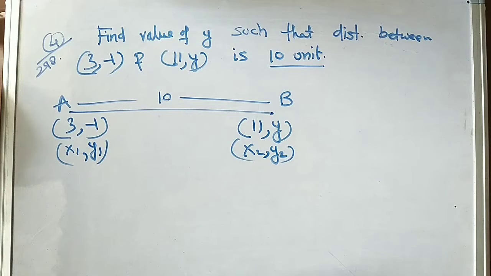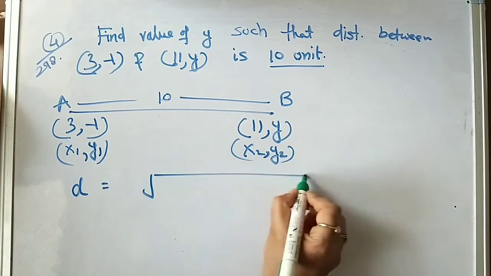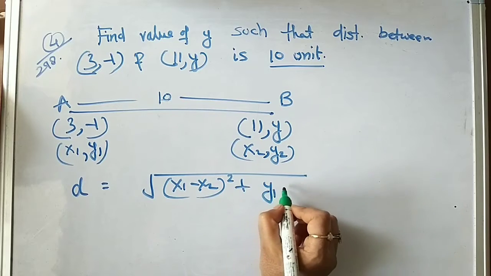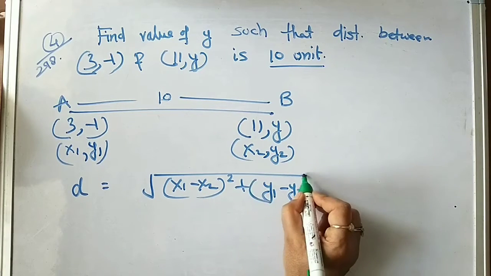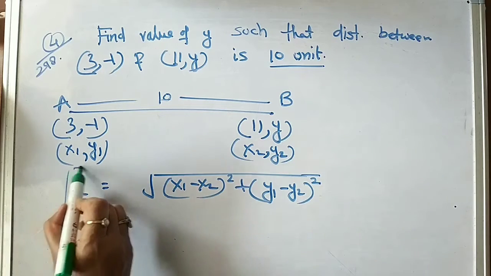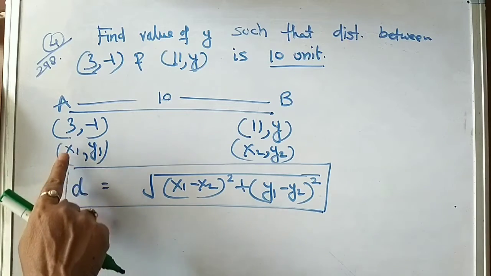Okay, so now what is the distance formula, guys? This is d equals root of x1 minus x2 square plus y1 minus y2 square. Okay, so this is my formula. Here I have to just fit the values.